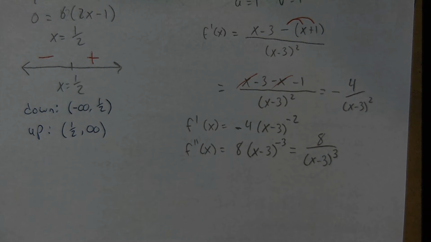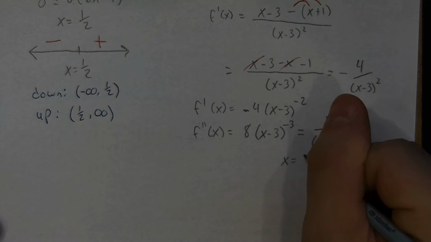Okay, looking for critical values. Well, this fraction can never equal 0. It's not possible because the only time a fraction can equal 0 is if the top equals 0, but the top is 8. But just like with the first derivative, critical values are going to happen anywhere you get the derivative equal to 0 or the derivative is undefined. And x equals 3 is a no-no.